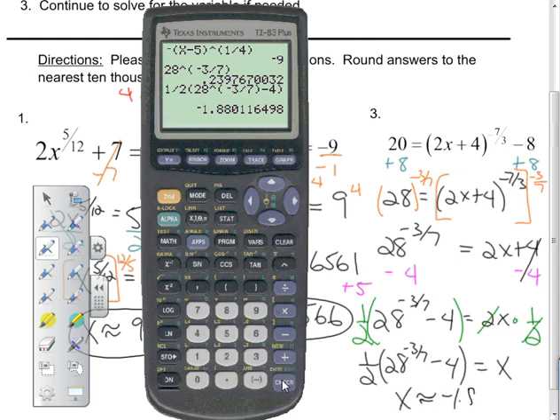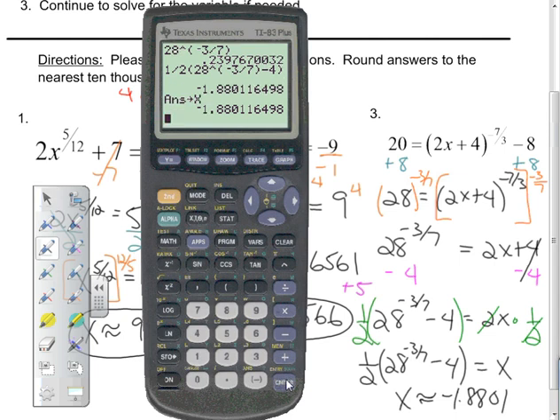Okay? So that is going to give me a result of negative 1.8801. Okay? And I'll check that answer. Now, let me do this here and show you that I'm not actually going to round this answer, but my answer is actually rounded on the board. So I would just hit store X to put that answer back. Okay? Now, I should get an exact match here because I've stored the exact value, although I didn't write the exact value.